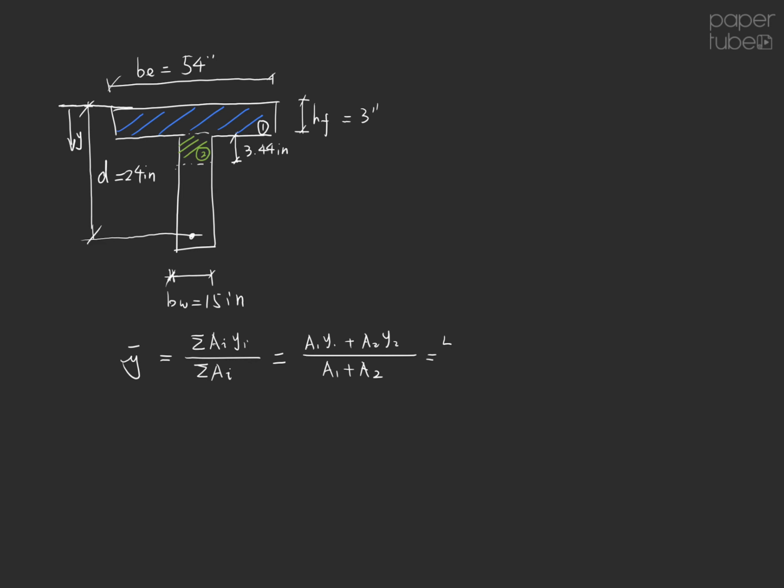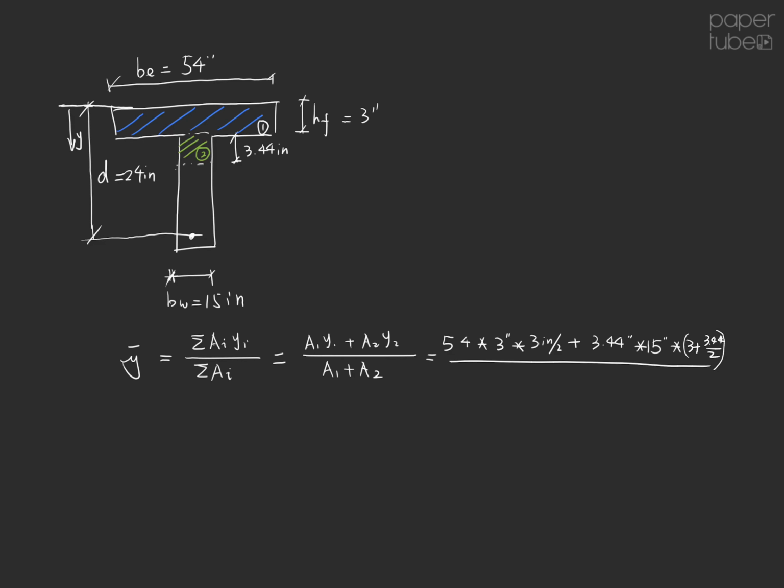For A1, which is 54 times 3 inches, your Y1 is half of the distance, so 3 inches divided by 2. A2 is your 3.44 inch times your BW, 15 inch, times the distance between the centroid to the top of the section, that is 3 plus 3.44 divided by 2.